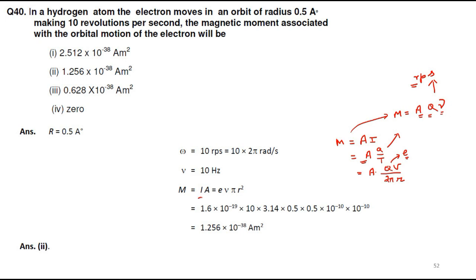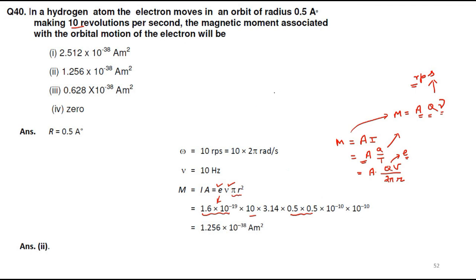So coming to this, A is pi r squared. Instead of Q, you have e. This is the frequency. Substitute the values. e is 1.6 into 10 to the power of minus 19 coulomb. Nu, the frequency, is 10 revolutions per second. Pi is 3.14, r squared is 0.5 into 0.5.